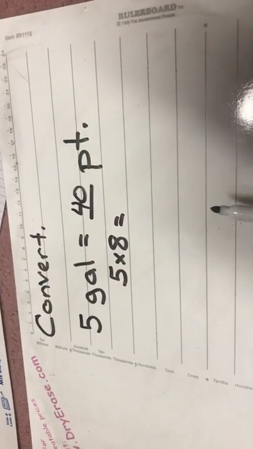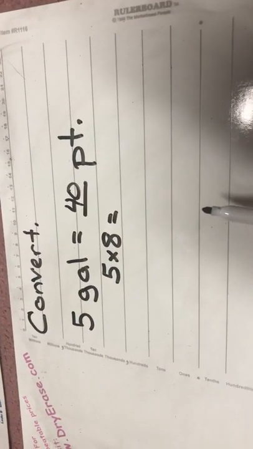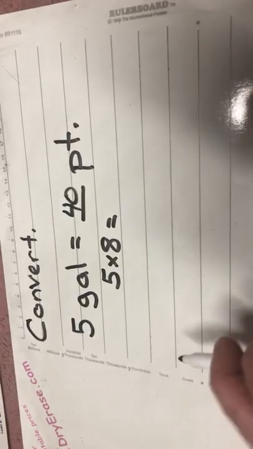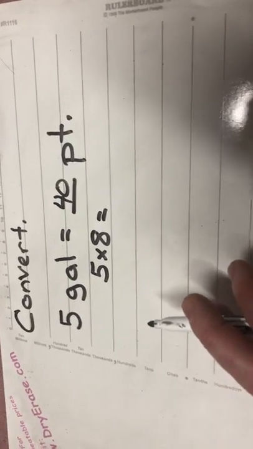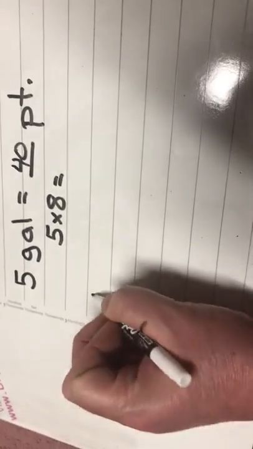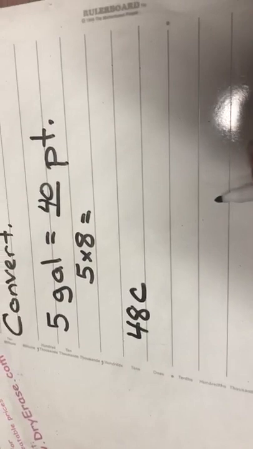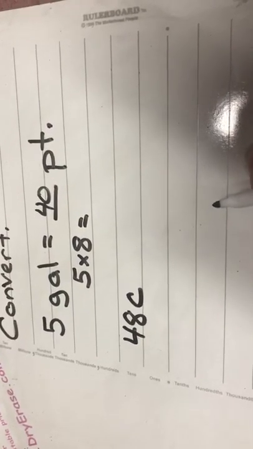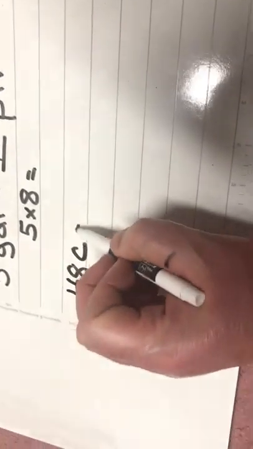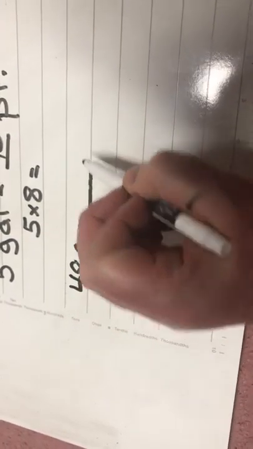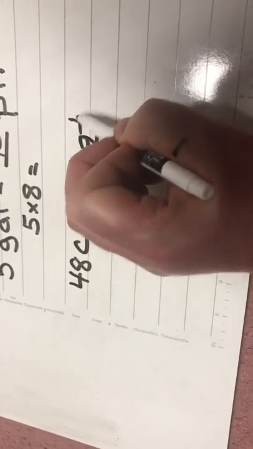Now, let's say, for example, I have 48 cups. So you've got 48 containers of chocolate milk. That's a lot of chocolate milk, all right? 48 cups equals so many quarts.